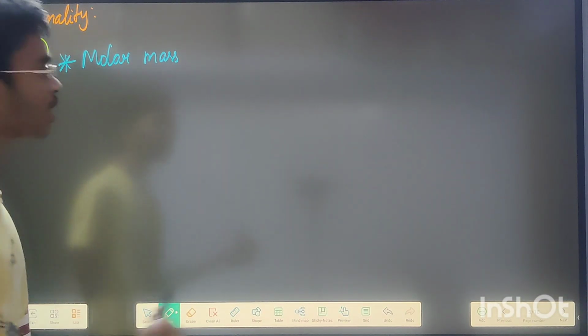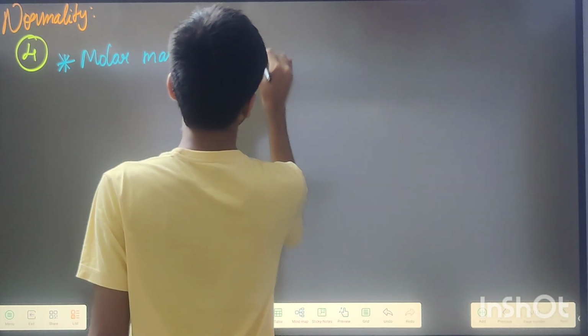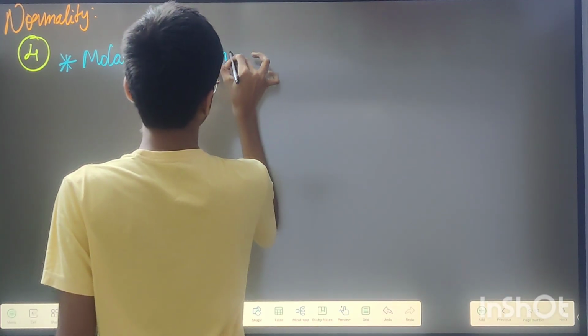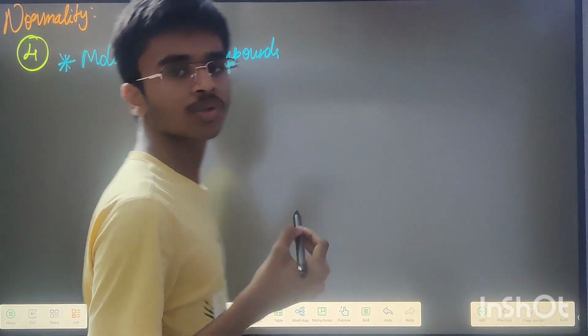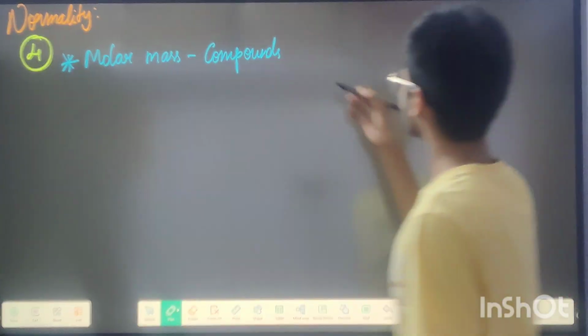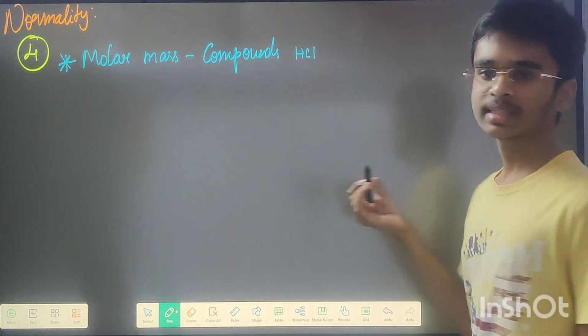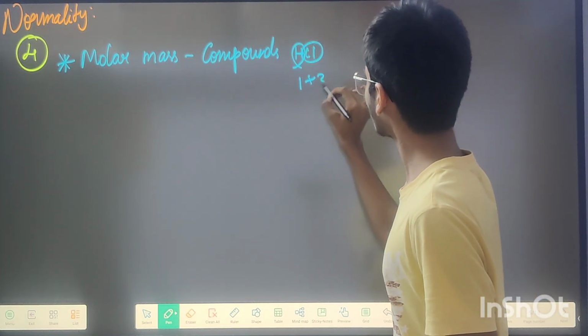Molar mass is the mass that is given by the compound formulas you have, right? For an example, when you take HCl, for hydrogen it is going to be 1, and for chlorine it is going to be 35.5.